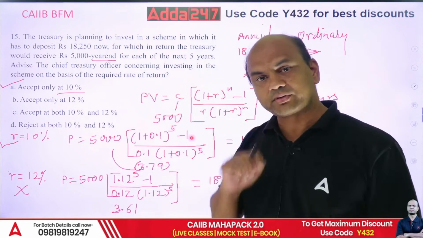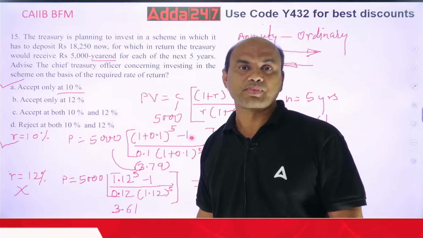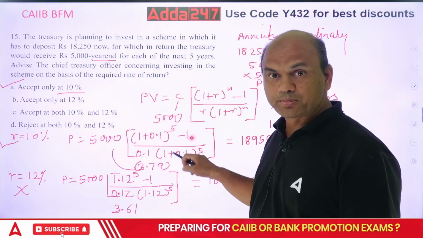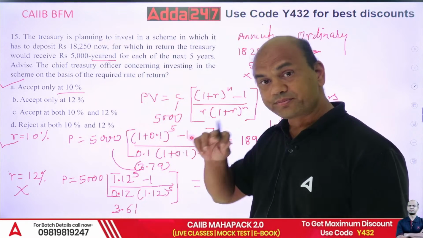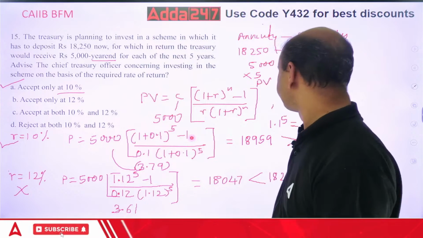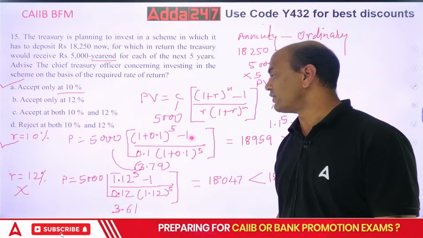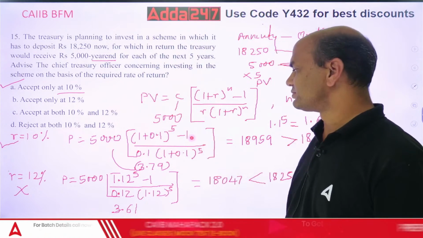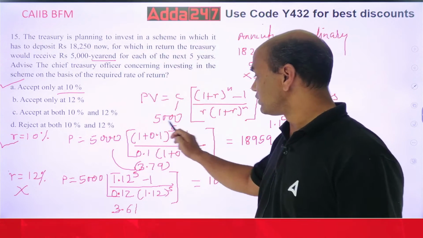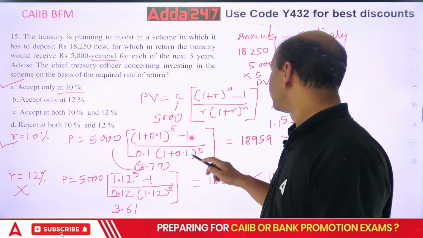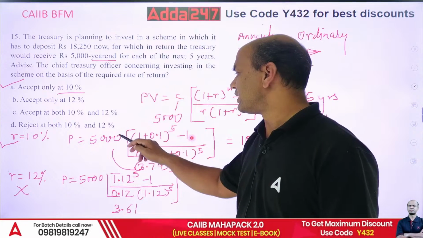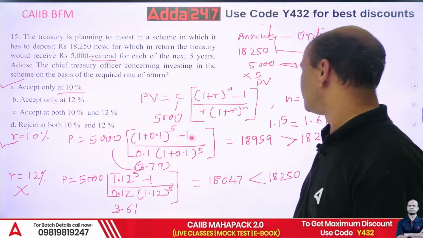So do it everyone on the calculator. 6.1 upon 1.61. Get the answer. The answer which I am getting for this part is 3.79.